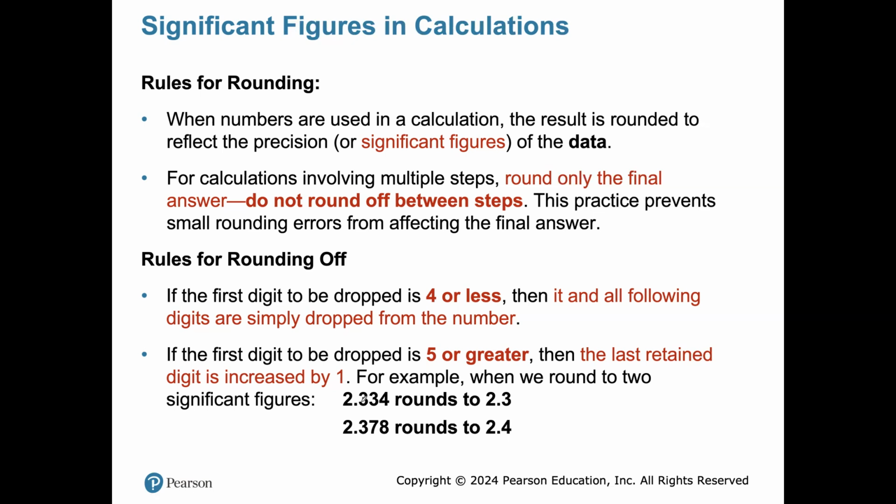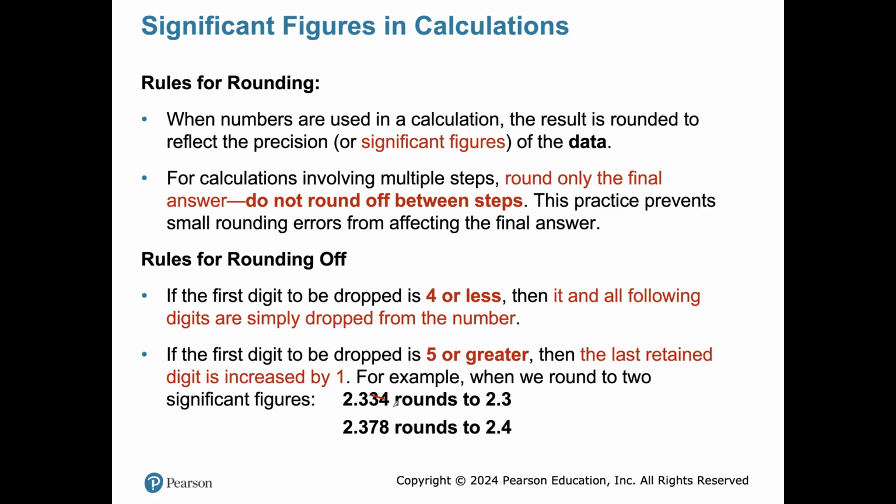The first digit to be dropped is 3, and since it's less than 5, we'll simply drop that and the rest of the digits.